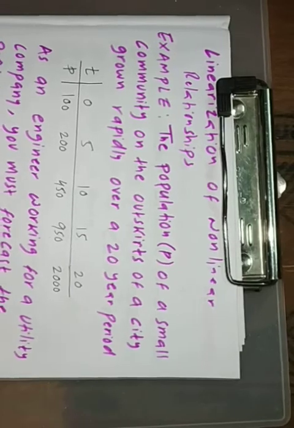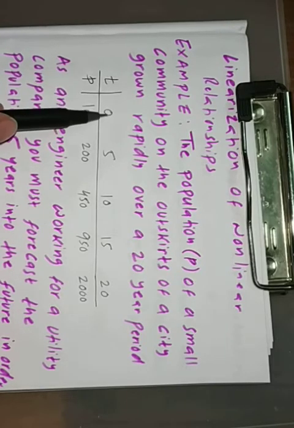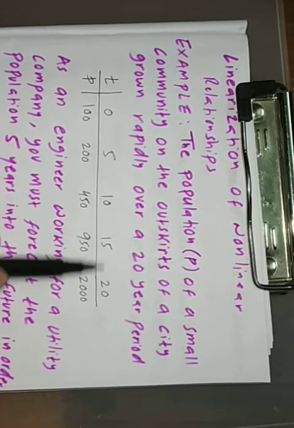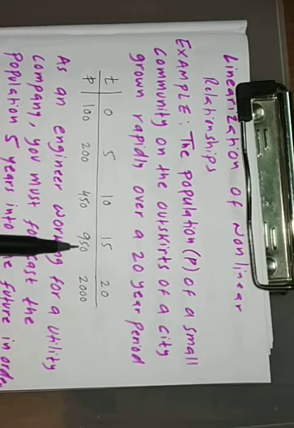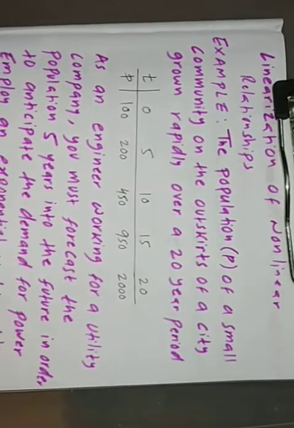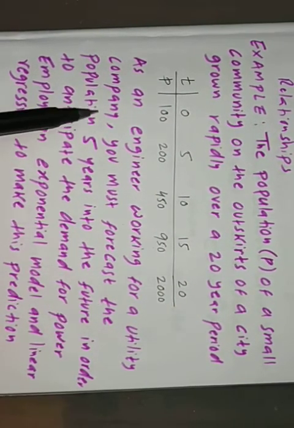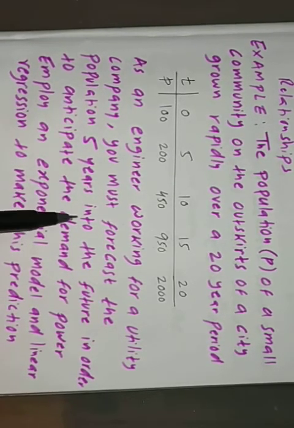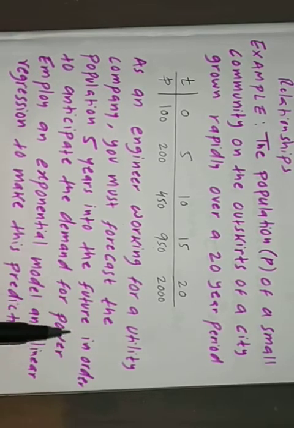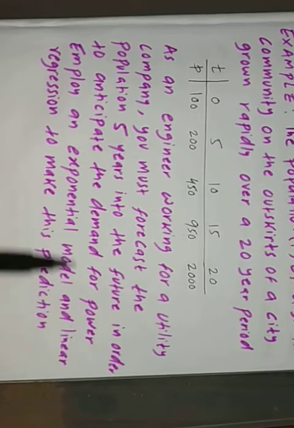Okay, so here T and P: time, that is number of years, 0, 5, 10, 15, 20, and population is 100, 200, 450, 950, 2000. So as an engineer working for a utility company, you must forecast the population 5 years into the future in order to anticipate the demand for power.